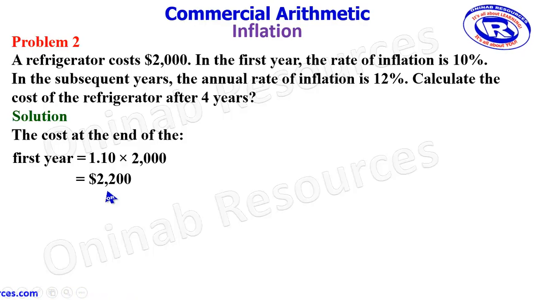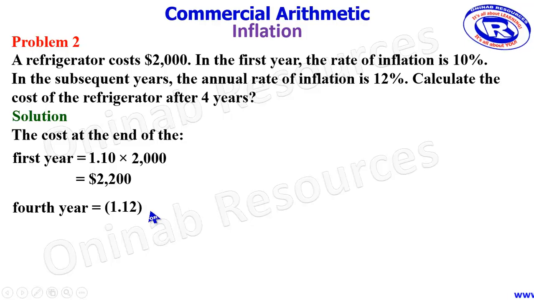We can then use the second method, since the rate of inflation is constant from the second year, third year, and the fourth year, so that the cost at the end of the fourth year will be 1.12, that is 100 plus 12, and in decimal it will give us 1.12.